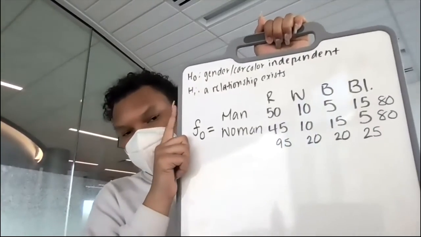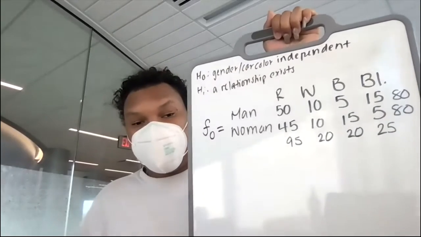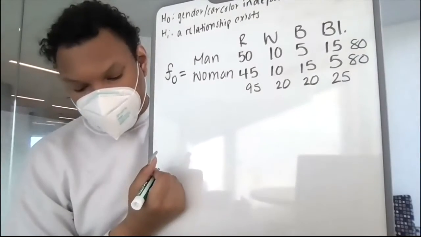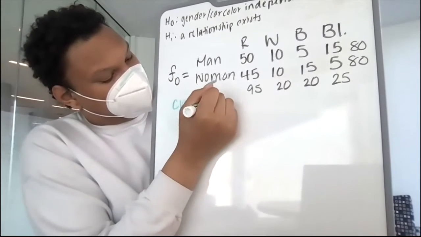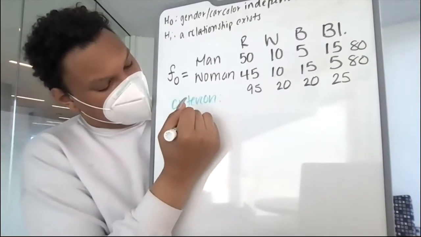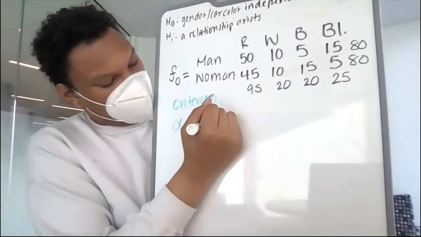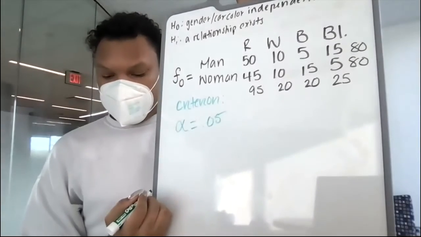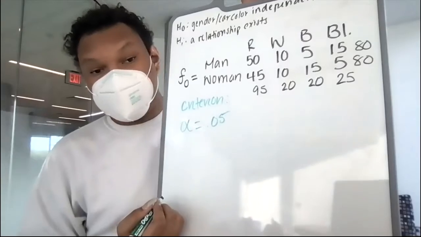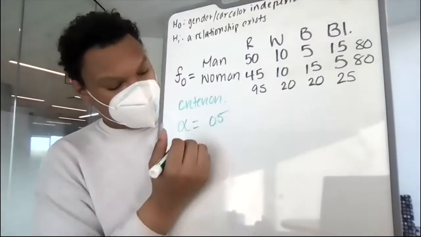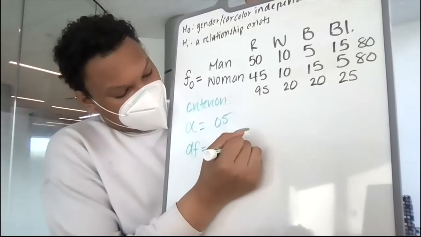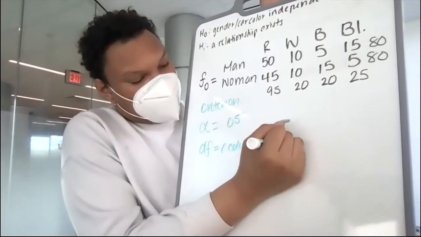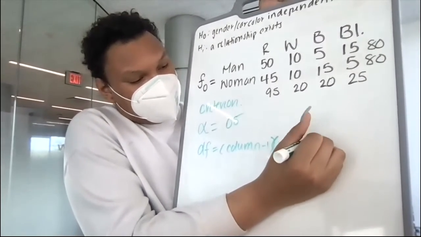Now that we've stated our hypothesis, we can then set the criterion for our data. First step in setting the criterion is setting our alpha level, which will be, in most cases, 0.05. Then we have to find our degrees of freedom. To find the degrees of freedom, we use df equals column minus 1 times row minus 1.